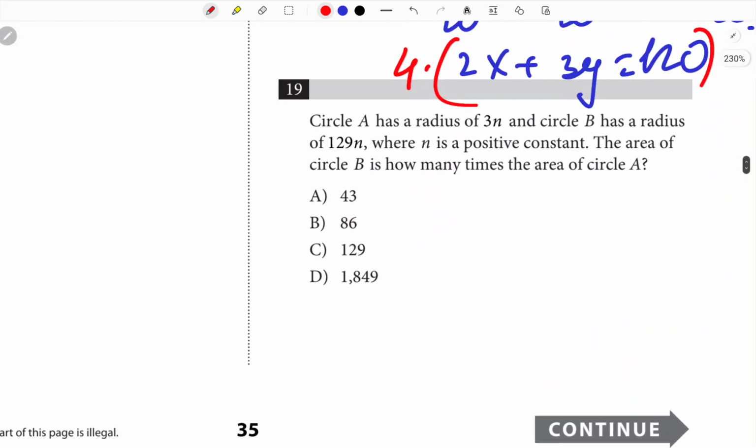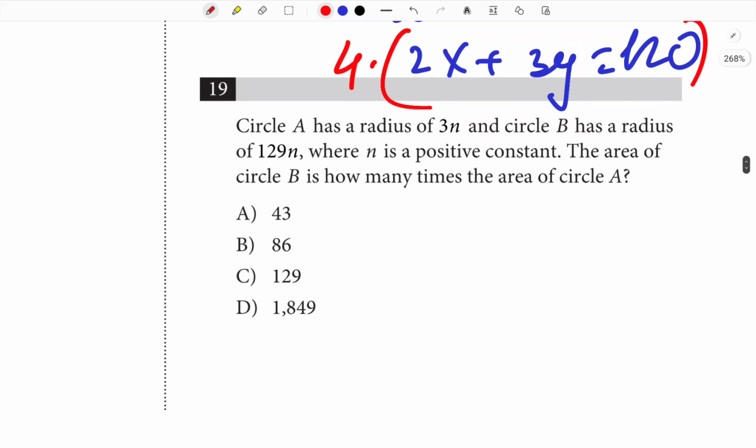So question 19. Circle A has a radius of 3n and circle B has a radius of 129n, where n is a positive constant. The area of circle B is how many times the area of circle A?